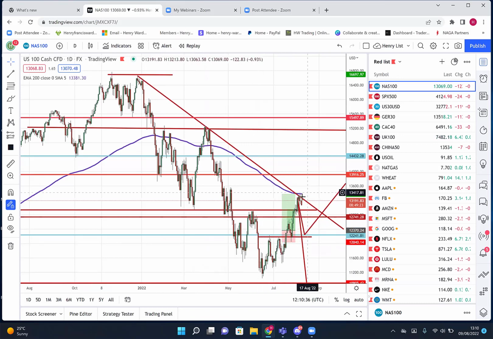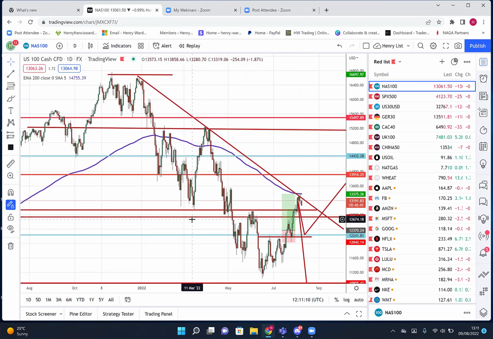So what we have here is the EMA, the exponential moving average, and it's also now hitting that as well. So we have the moving average coming into contact with our trend line at the same point. Now, with this happening here, our 200 moving average, would that give us more selling power or more buying power? Which would this give us?